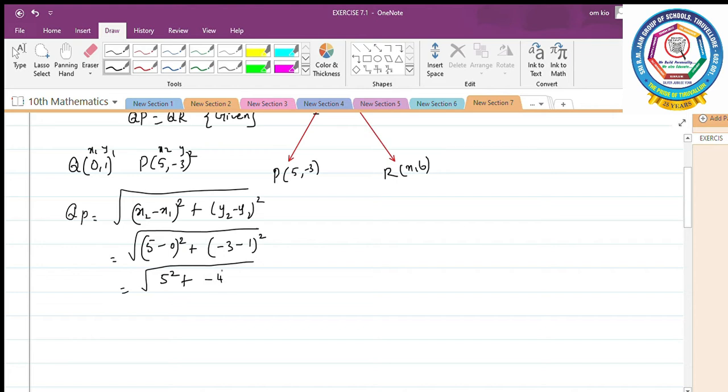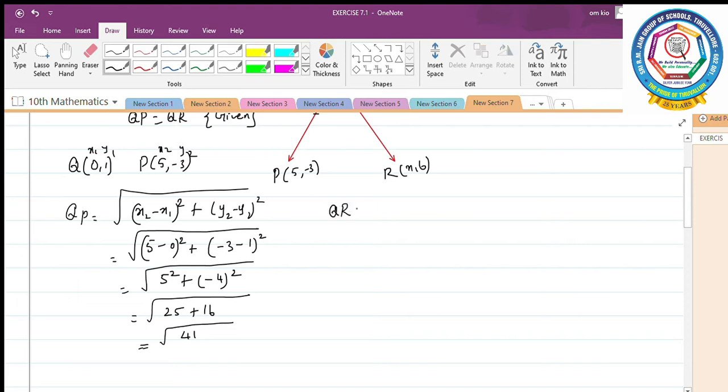So minus 4 the whole square. Then square root of 5 square is 25 plus minus 4 the whole square 16. Therefore square root of 25 plus 16, 41. Now I got the distance between QP. Next I have to find the distance between QR.